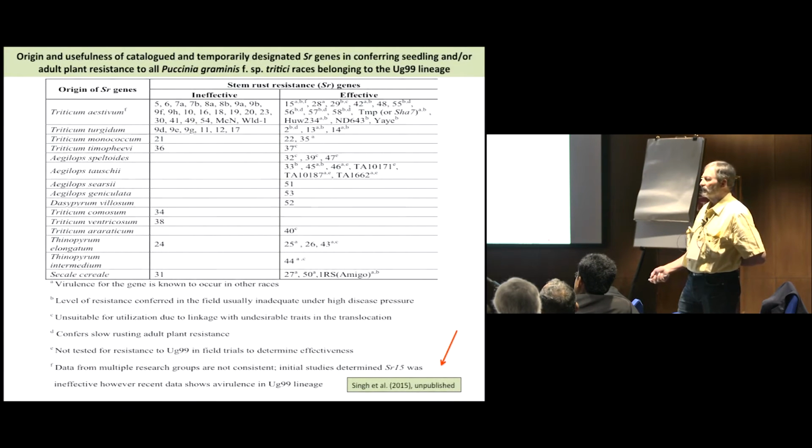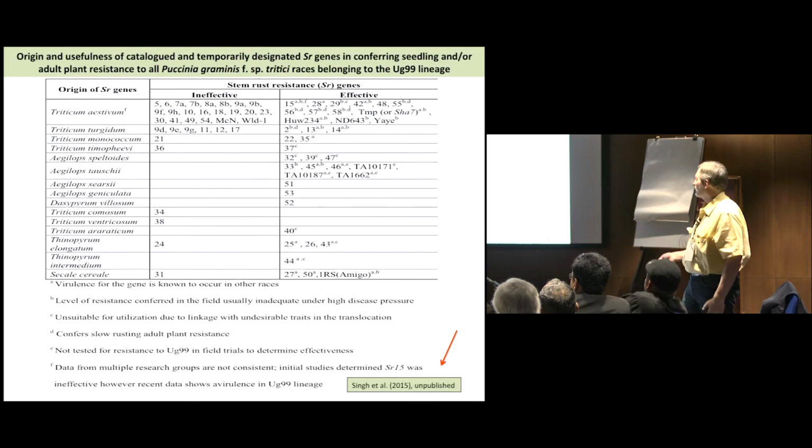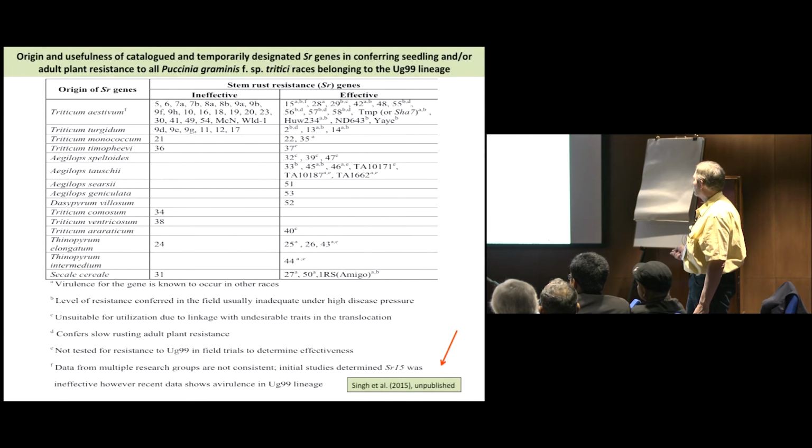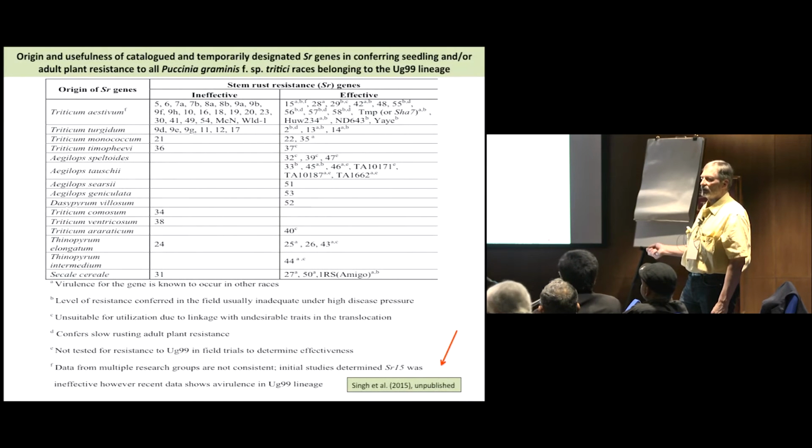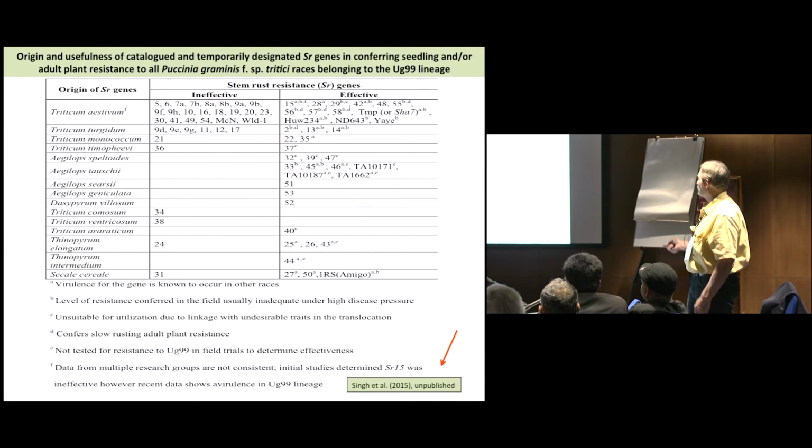It has not been published yet, but we have it here for you to have this information. These genes are ineffective. Here's the famous SR31 again. The rest of these genes are ineffective, but all of these are now effective genes for resistance to TTKST and other races in the UG99 lineage.